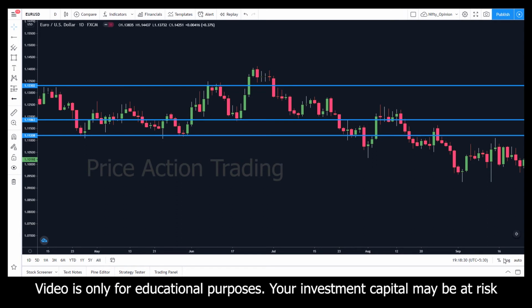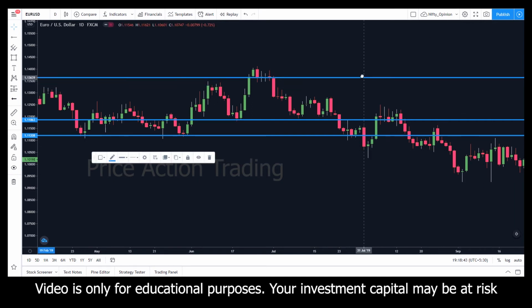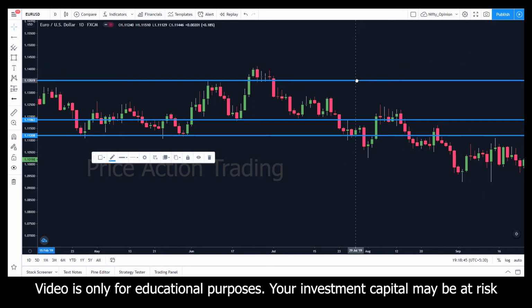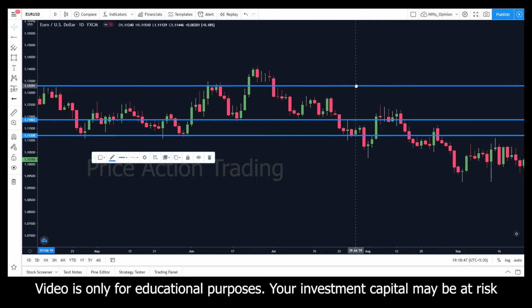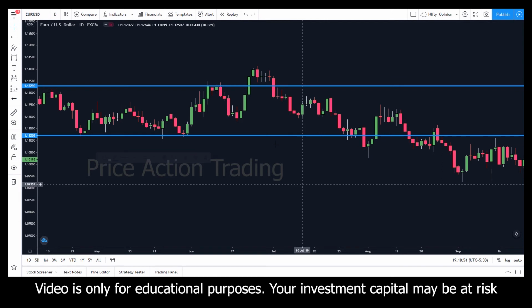My seventh tip and the most important tip would be, the longer the time frame takes from that level to go down or up, the stronger the level is. Let's say if I mark this level, or let's keep this level as it is now. Let's mark this level and remove this.